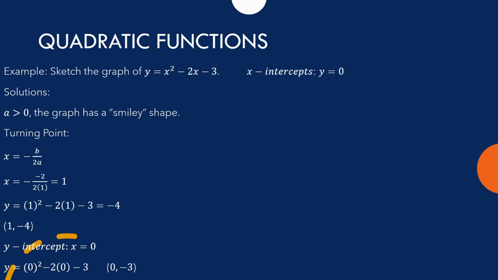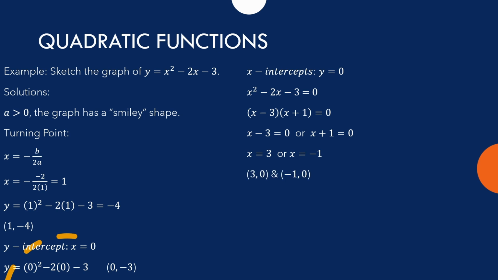Next, I'm going to find my x-intercepts by letting y equal 0, and doing that I will have x² − 2x − 3 equals 0, and factorizing that expression I get (x − 3)(x + 1) equals 0, and hence x − 3 equals 0, or x + 1 equals 0, and hence x equals 3, or x equals −1, and my coordinates will be as follows: (3, 0) and (−1, 0).